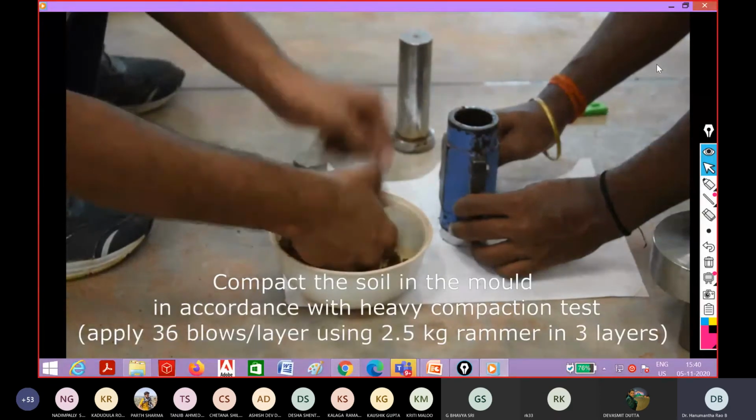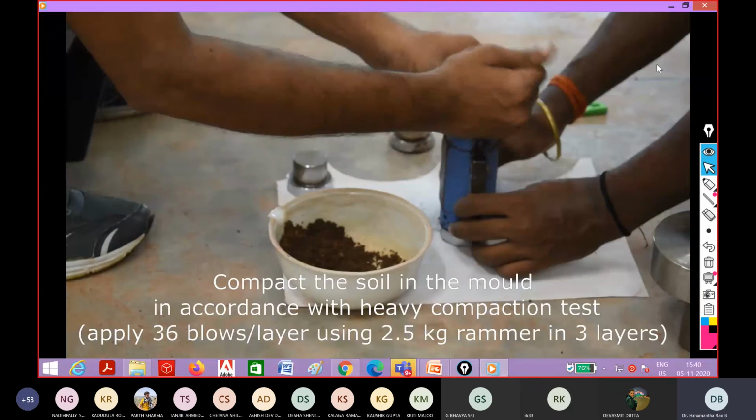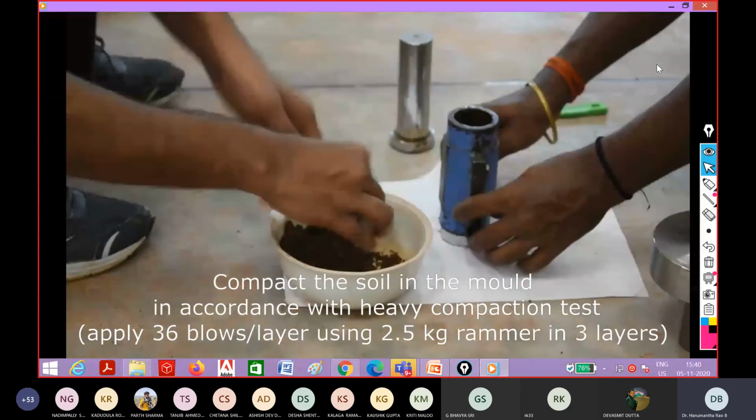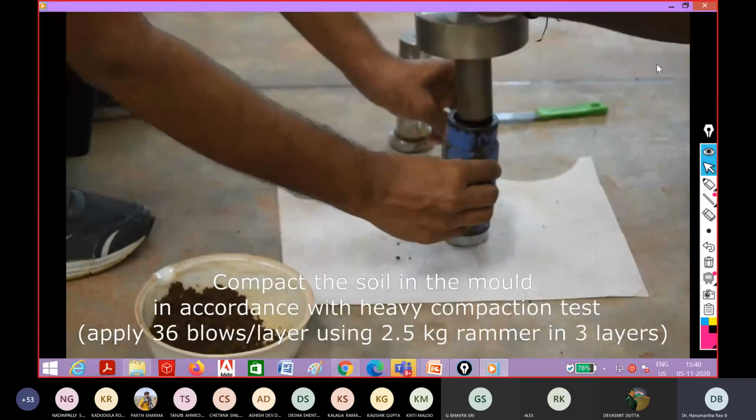Here the sample is compacted in 3 layers. This is the mini compactor.